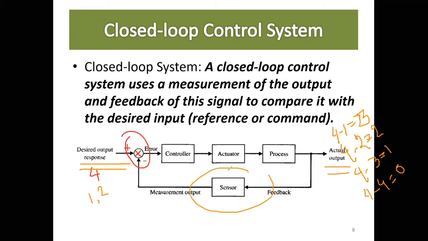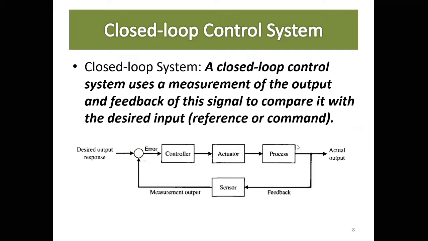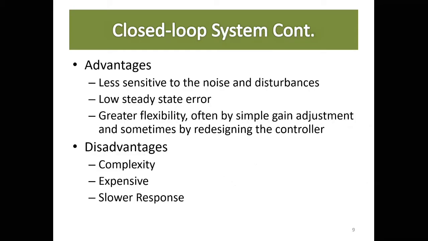Here the system by which it senses what position it is at is the sensor. That is the feedback. It is the difference between the open loop and closed loop system. The main difference is the feedback. And the closed loop system has some advantages and disadvantages. It is less sensitive to noise and disturbances, has low steady state error, and greater flexibility, often by simple gain adjustment and sometimes by redesigning the controller.